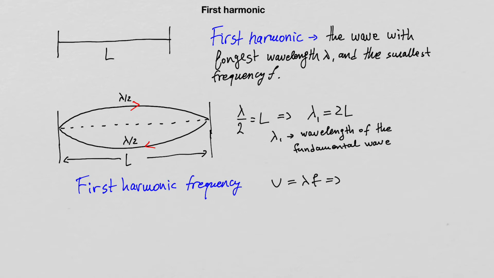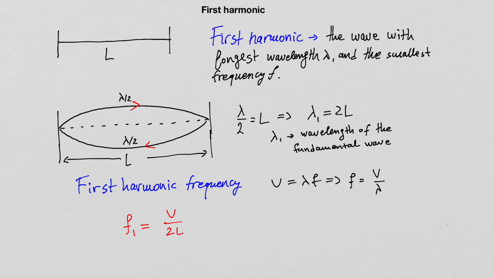So from here, the frequency will be the speed of the wave on the string divided by the wavelength of the wave. So I already have an expression for the wavelength of the first harmonic, and so the frequency f1, the first harmonic frequency, is going to be equal to v divided by 2 times L.